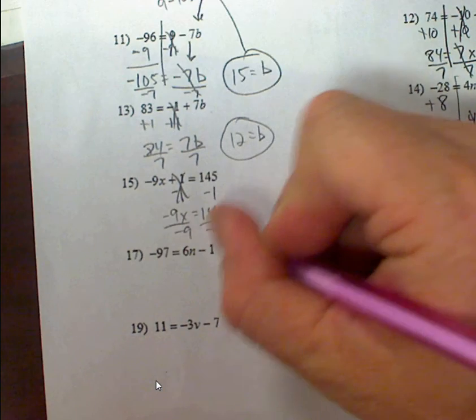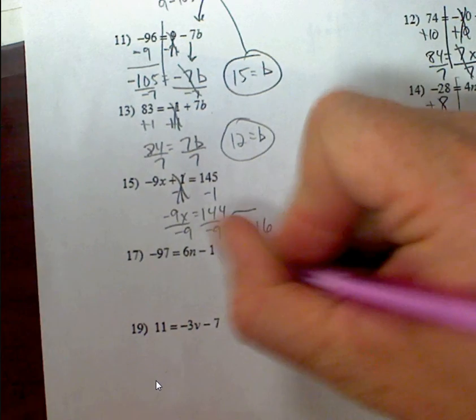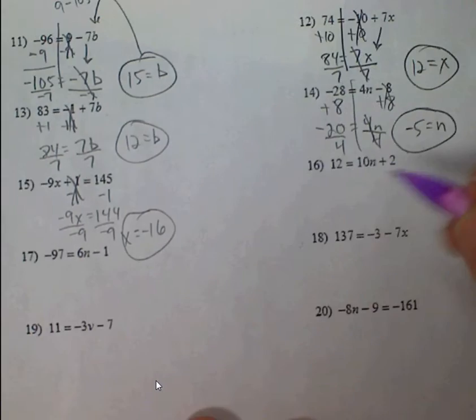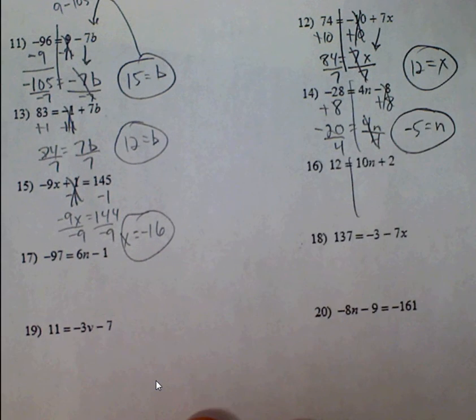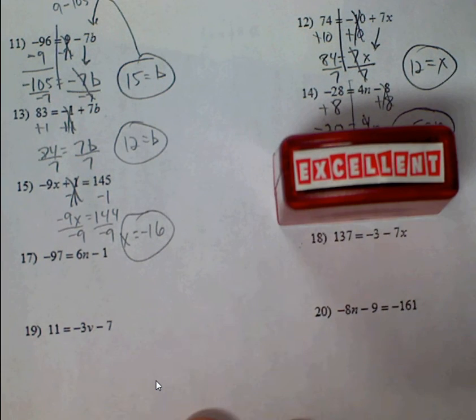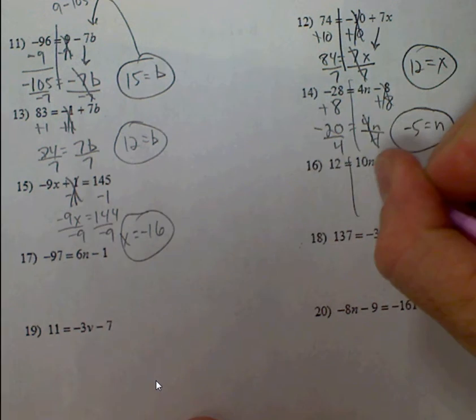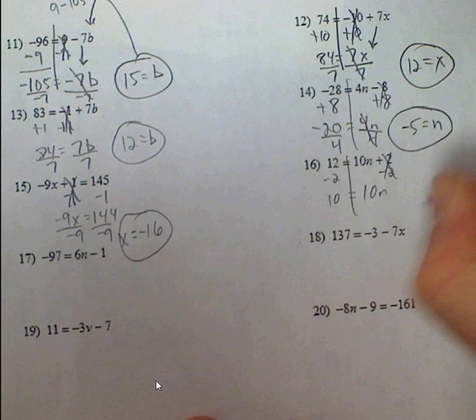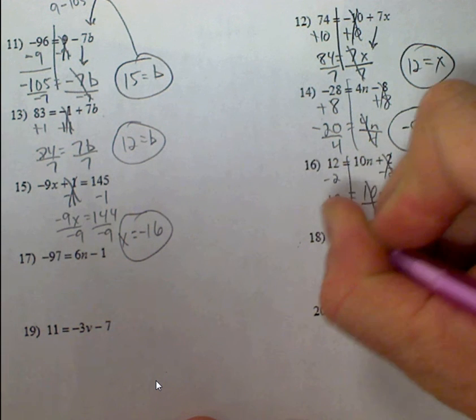One negative sign. Number 16. Go ahead and pause the video and try. Number 16, get rid of 2. 10 equals 10n. Divide by 10. 1 equals n.